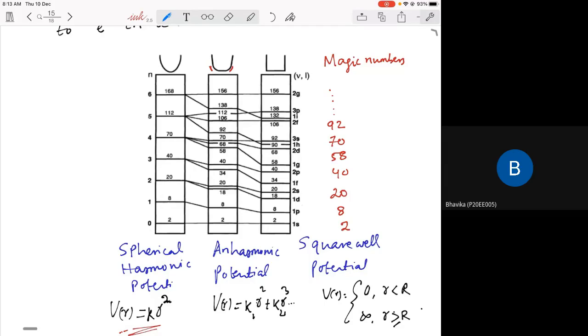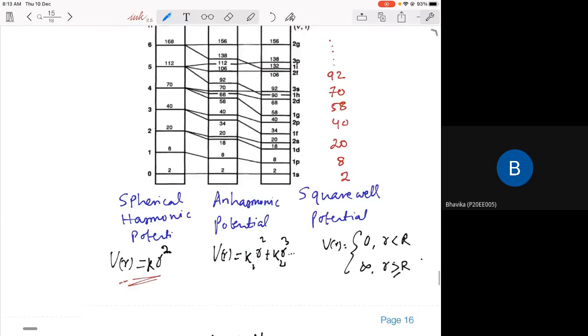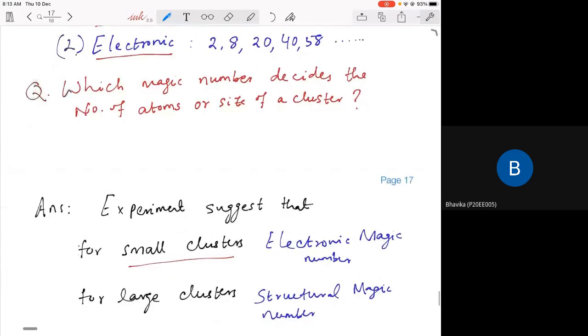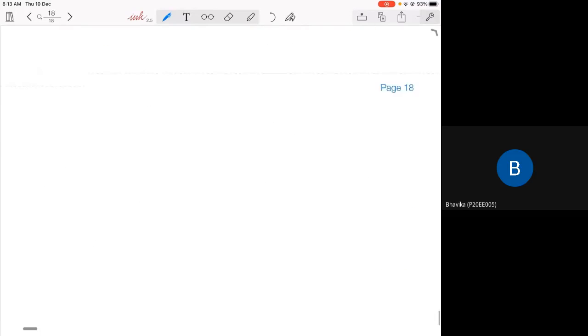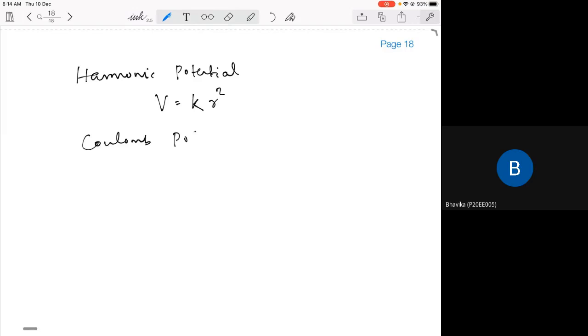So this is again due to something that depends on what kind of potential we are talking about. Let's say we have a harmonic potential. I'll describe it briefly. Your potential is of this nature, and the other potential is the Coulomb potential, which is what happens in the case of atomic spectra.